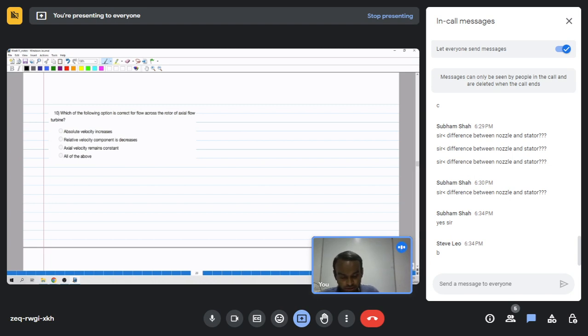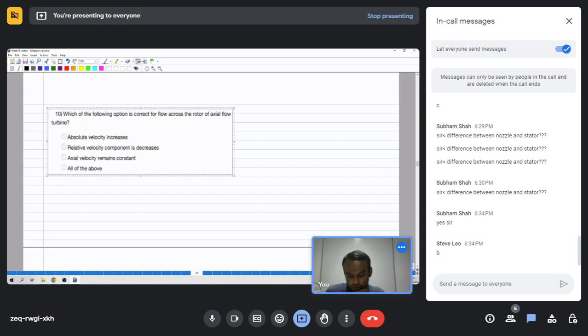Which of the options is correct for flow across the rotor of axial flow turbine? Yes. So here absolute velocity increases, relative velocity component decreases, axial velocity remains constant, all of the above.